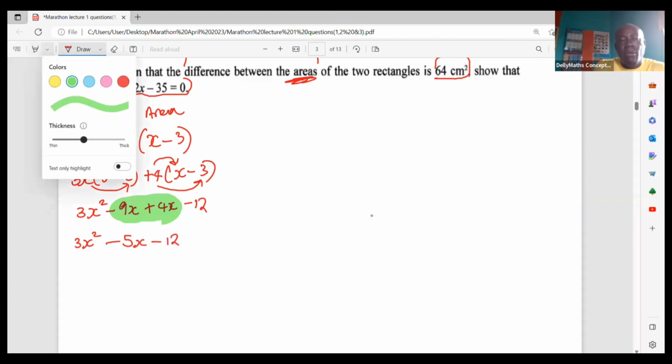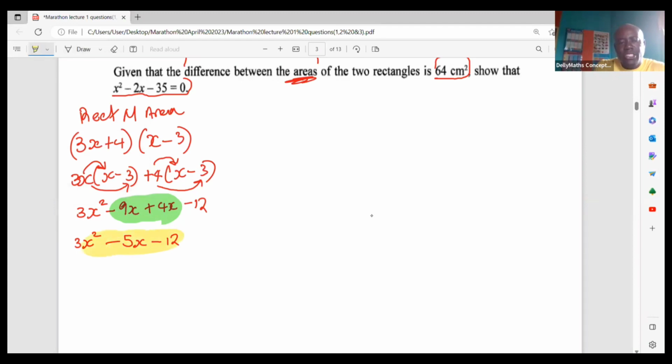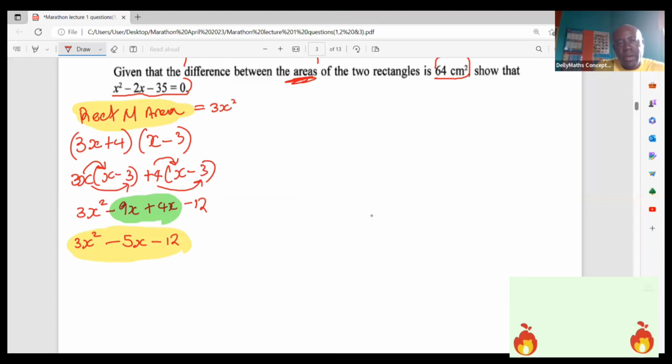And this would have been my response in terms of the area of rectangle M. Rectangle M, the area is equal to that. So I could write here that it is equal to 3x squared minus 5x minus 12, right?